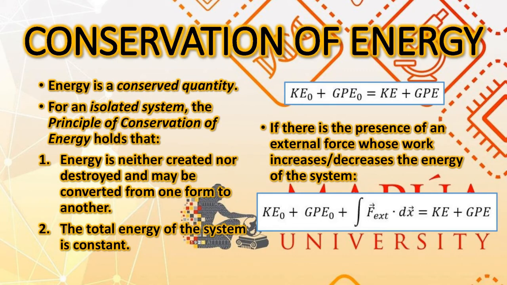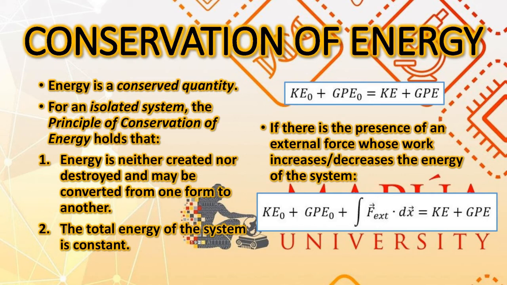Initial kinetic energy plus initial gravitational potential energy plus work done by the external force, that is, the integral of external force dotted with dx, is equal to final kinetic energy plus final gravitational potential energy.